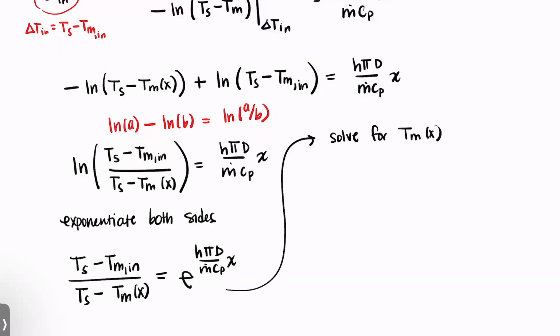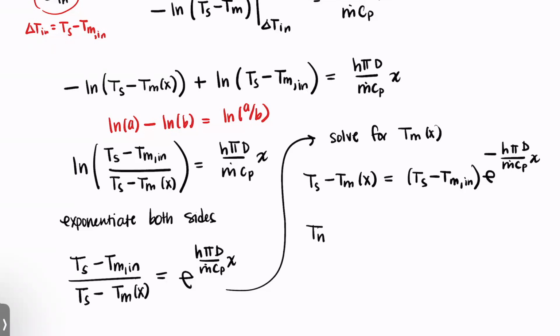So I have TS minus TM of X is equal to TS minus TM in, e to the minus h pi D over m dot Cp x.